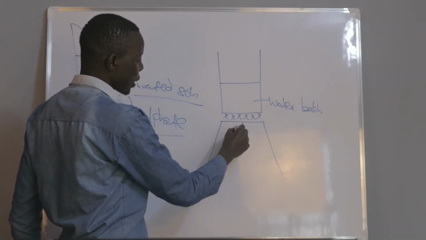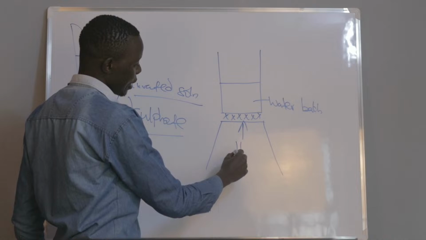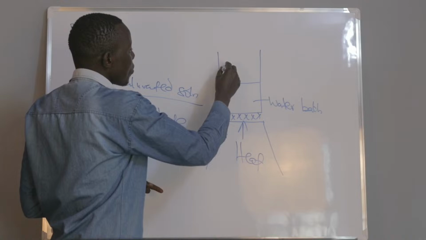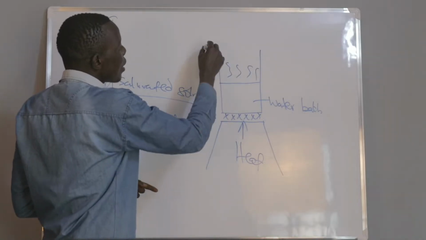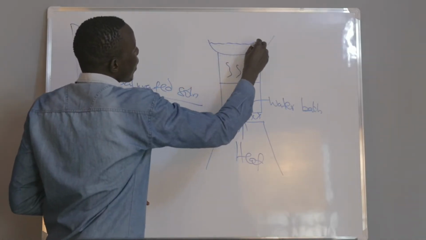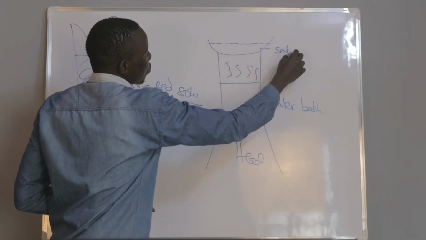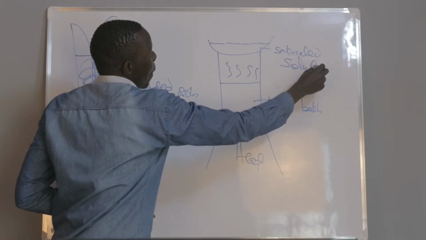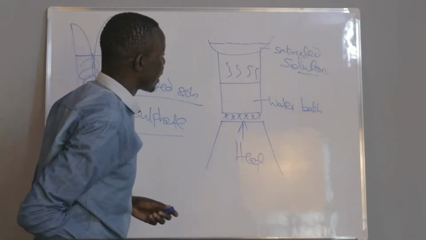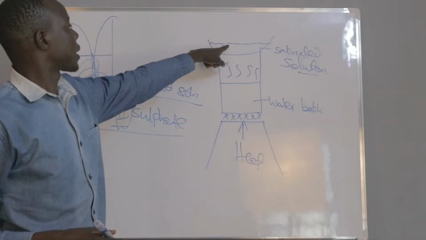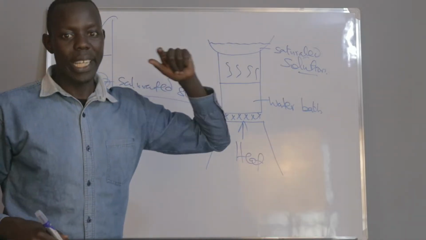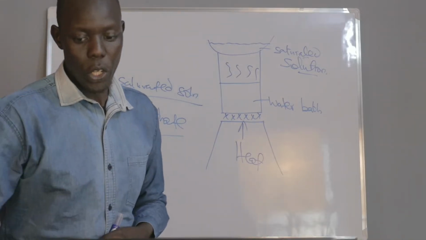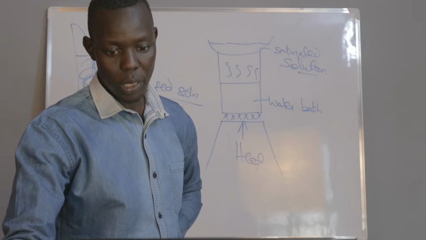We are supposed to heat the water so that it can produce steam. It's the steam that will heat the saturated solution. We don't heat directly, and that is the reason why during crystallization we don't heat the solution directly.